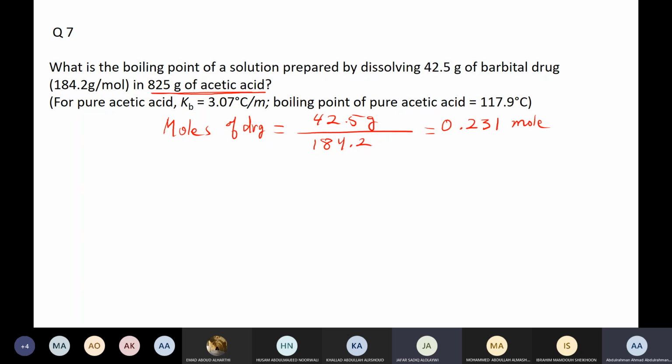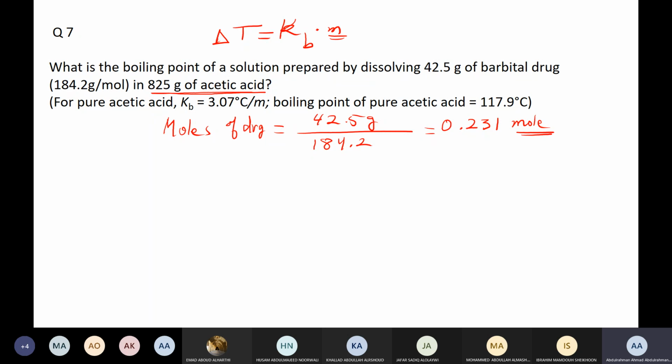Okay, so what do I need to calculate? Or which law am I going to use? Delta T equals what? Kb times molality. I have moles here.